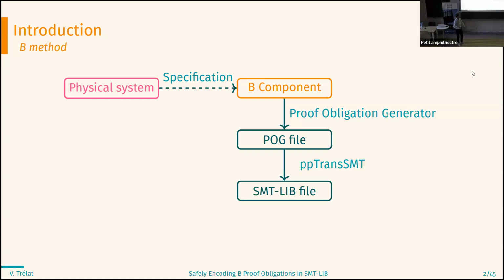There is a tool that does that, called pptrans-SMT, which is actually used in Atelier B and Rodin, for example. Now from the SMT-LIB file, we can run either solver, so CVC5, VeriT, Z3, and really hope for an answer: sat, unsat, or unknown.